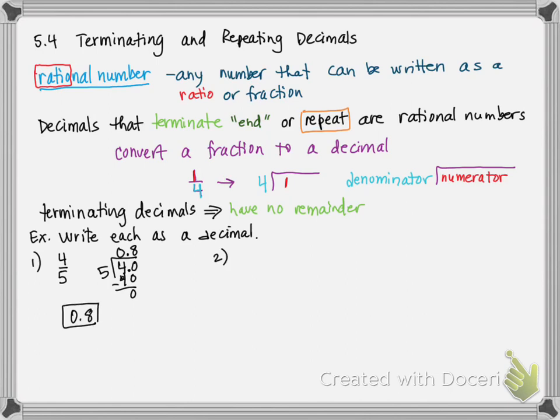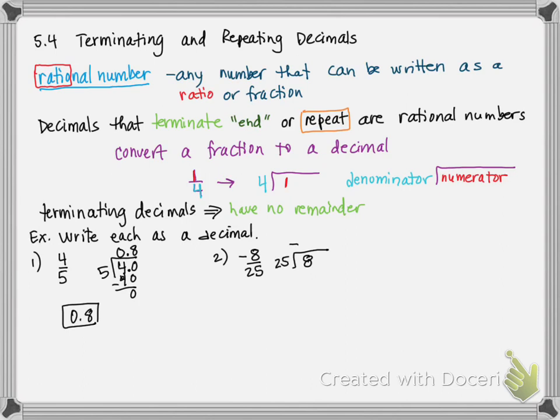Okay, try another one. Negative 8/25. So we're going to use my division house, and we're going to take 8. Here's what's interesting. I am not going to put the sign there, but I'm going to put it straight into the quotient, into the answer. Divide by 25.